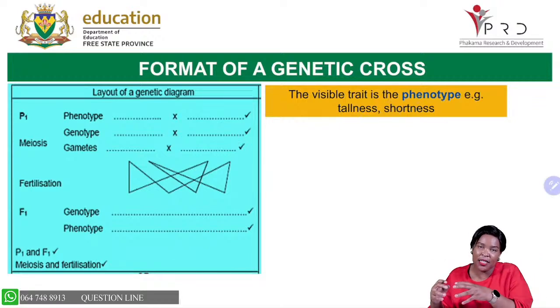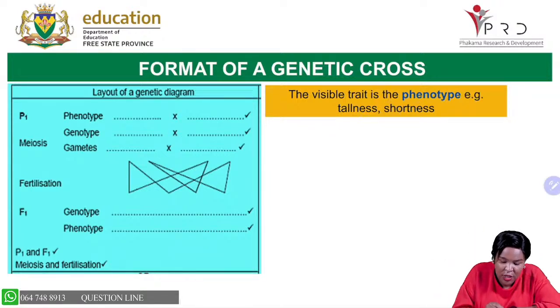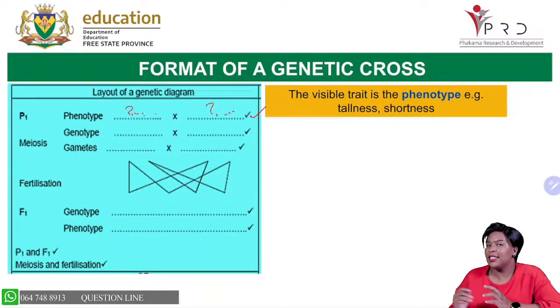You take that information as it is and put it here where there are question marks. You write it there as you take it from the question. Already you have scored 1 mark. As simple as that. You don't have to think about it. You write it as it is from the question.